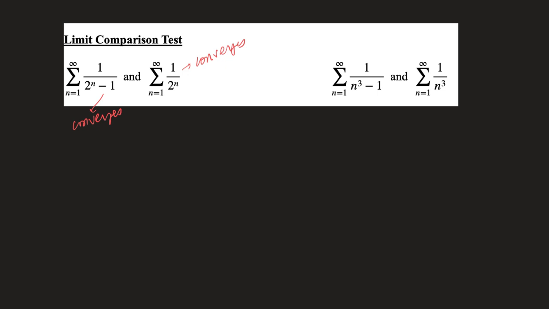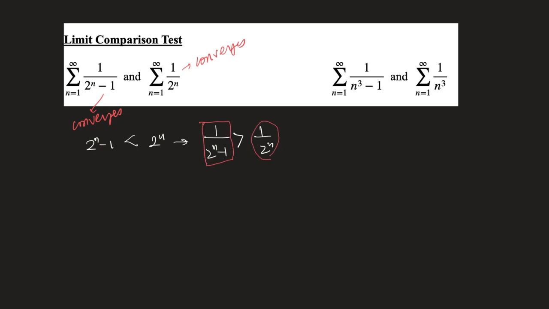So you want to prove it. 2n minus 1, 2n. Which one is bigger? Of course, this one is bigger, right? Then you're going to flip it. 1 over 2n minus 1, 1 over 2n. This one is bigger. We want to prove this one is convergent, but this one is greater than this.